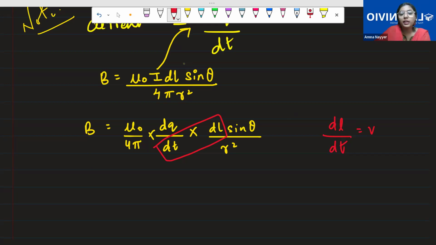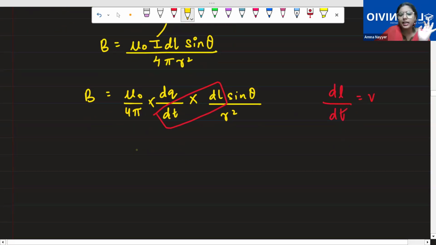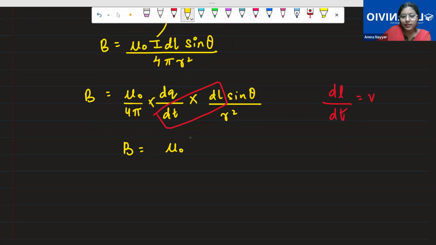If you want, you can replace it, just in case a question comes. For that, I'm telling you. Most probably these kinds of questions do not come in the exam, usual Biot formulas, but in case it comes: this is dq into v sin theta divided by 4 pi r square.